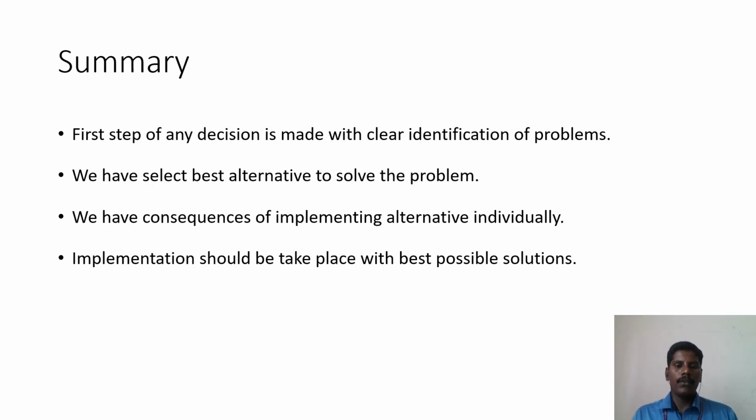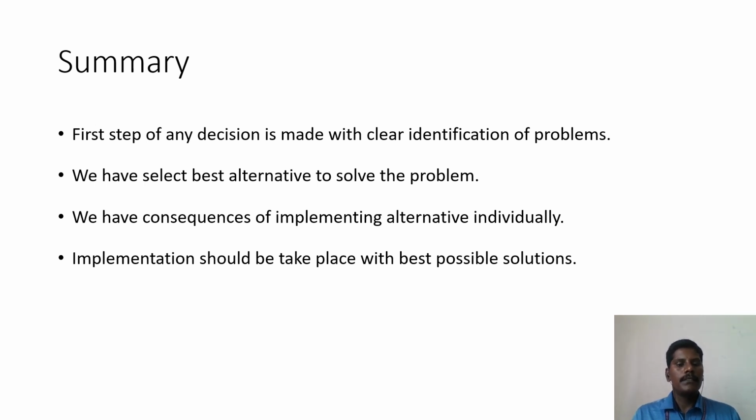The summary of this topic is, for every problem, the first step is to identify what the problem is and where it has arisen. We need to select the best alternative, because there are a number of alternatives to solve the problem, but anyhow we need to select the most appropriate one.